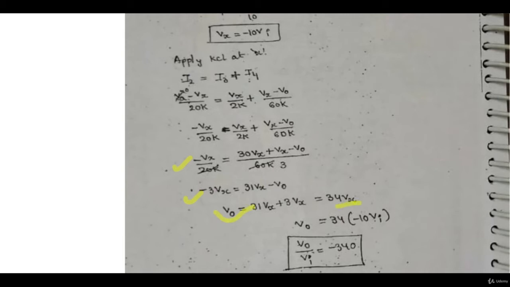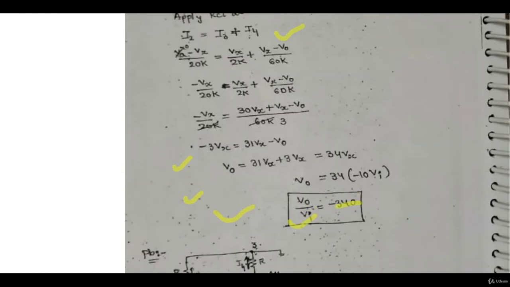Now we have calculated the value of Vx is equal to minus 10 Vi. That will be V0 is equal to 34 into minus 10 Vi, and it will give the gain V0 by Vi is equal to minus 340. Okay, so now you got the gain.